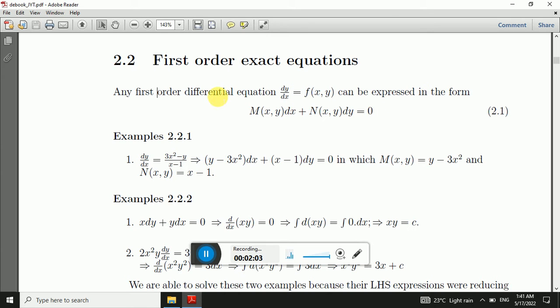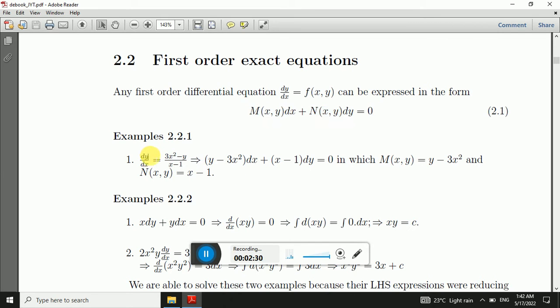So if you have a first order differential equation dy/dx equaling any function in two variables x and y, you can always maneuver around and simplify that differential equation into this form. Let's look at some examples.